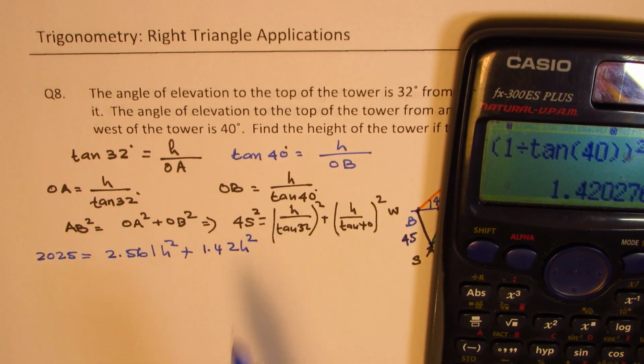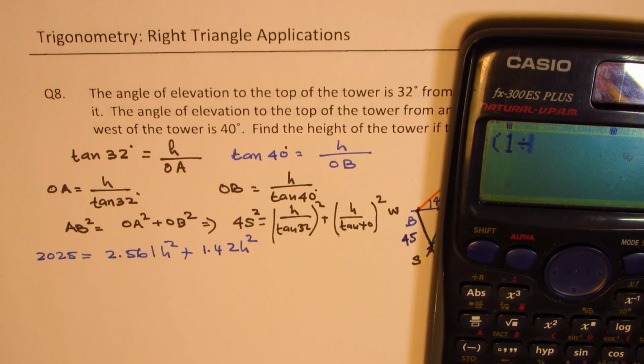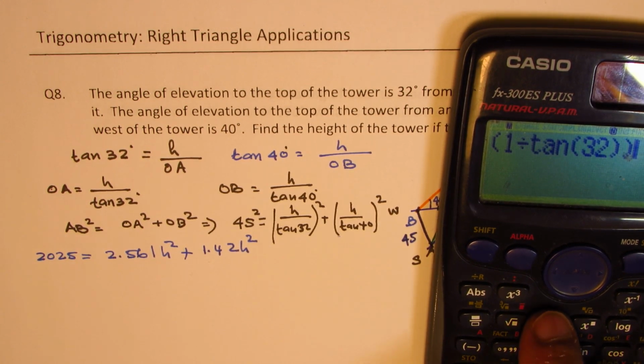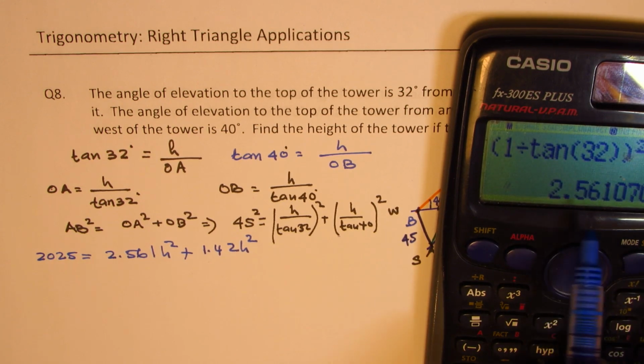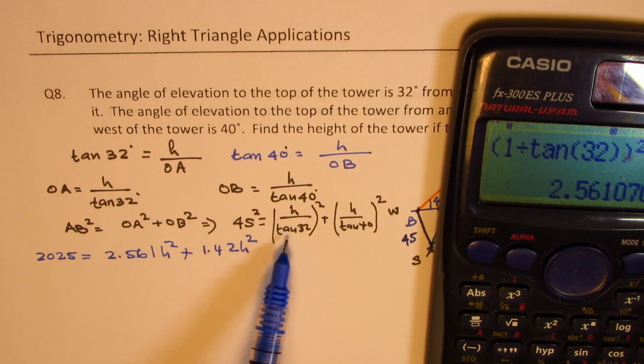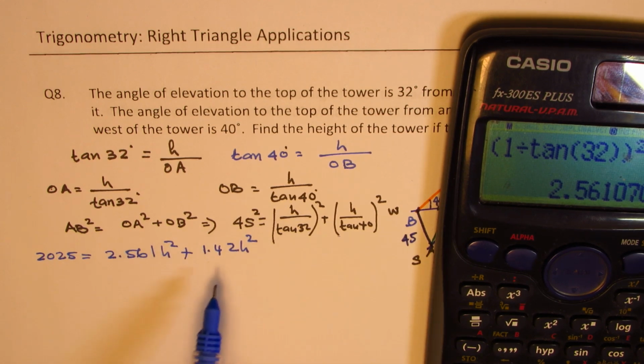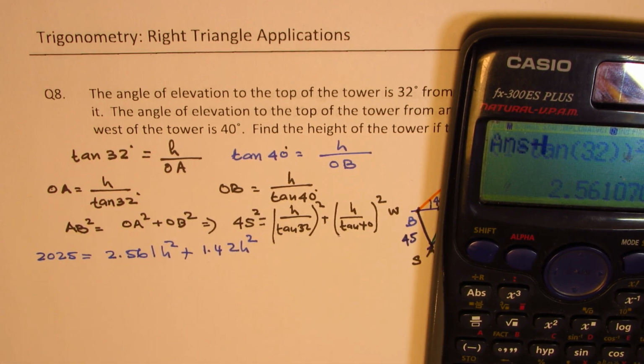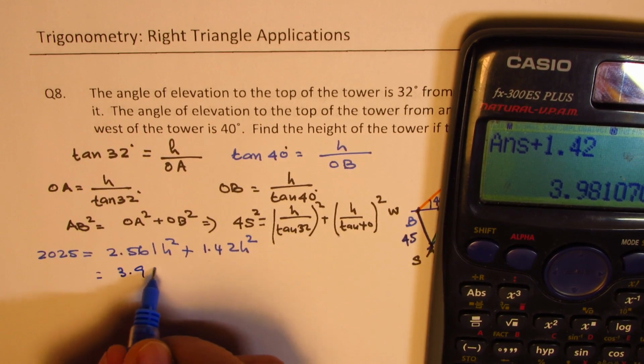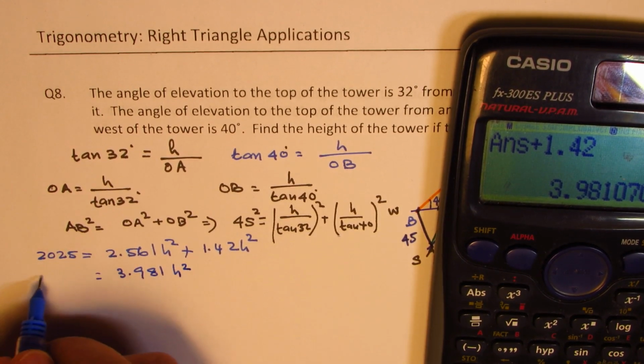So what I did was 1 over tan 32, within brackets 1 divided by tan 32, right? And then we need to square this. 2.561, that is the coefficient of h square, right? So we get this part. Now we can add these two, 1.42, and what we get is 3.981 h square is 2025.